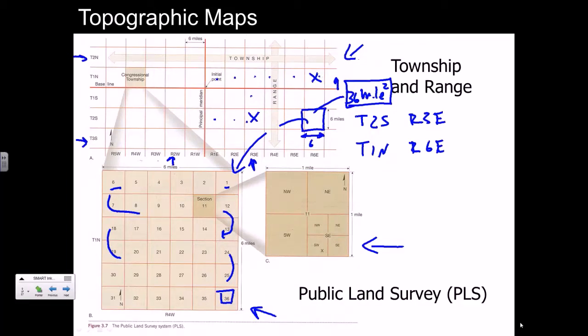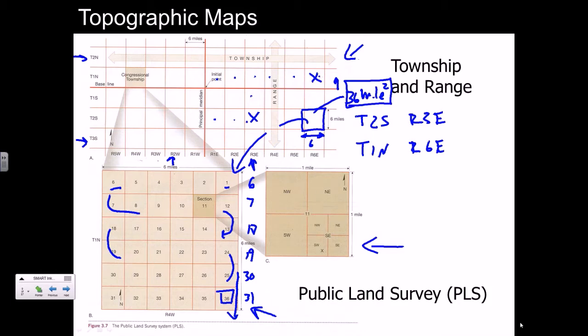So, for instance, if I took this grid and I just replicated it right next to it, I would find that this box is a 6, this box is a 7, this box is an 18, this is a 19, this is a 30, and this is a 31. So if you see 36 and 31, you know there's a boundary right here between the range on the left and the range on the right.